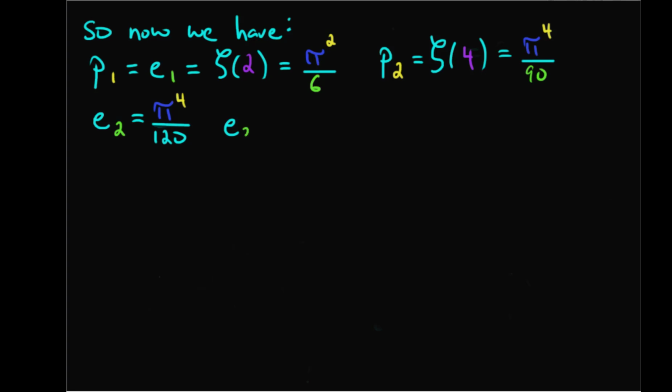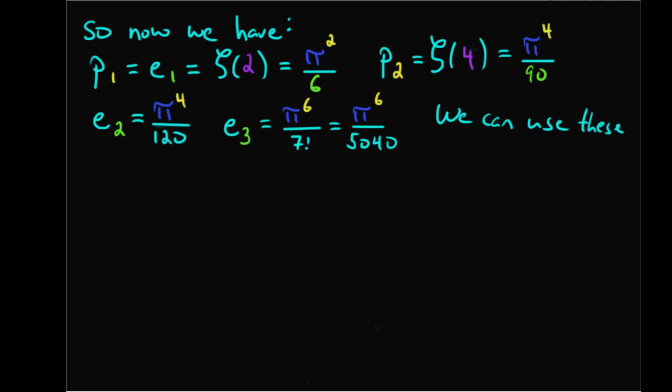Lastly, we observed that the elementary symmetric polynomial on 3 elements, where our elements are the reciprocals of the squares, E3 equals pi to the 6th over 7 factorial, which equals pi to the 6th over 5040. So we're going to use all of those facts and the Newton-Girard identities to find zeta of 6.